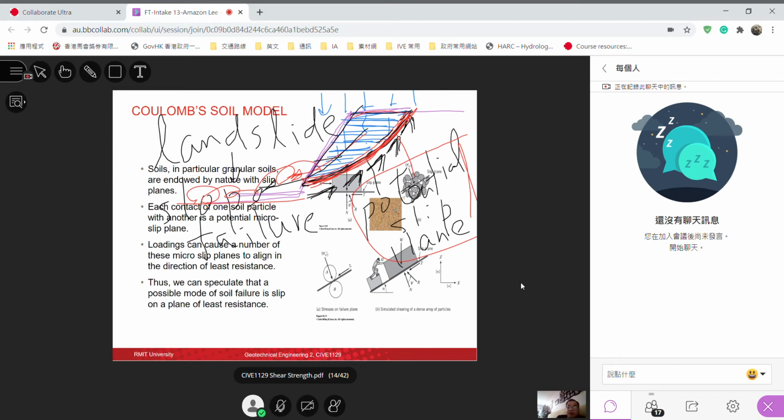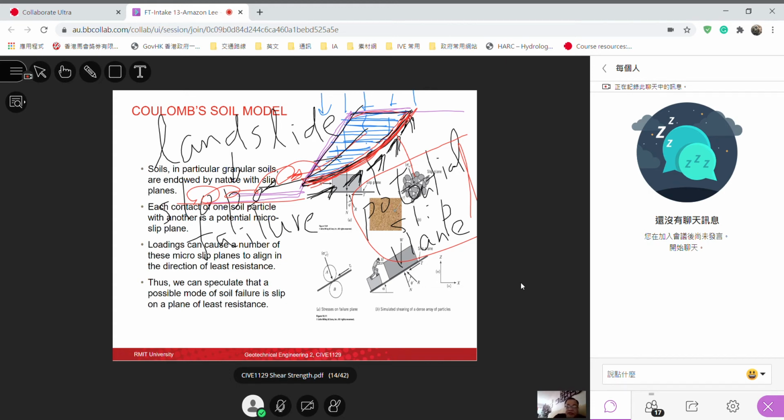So landslide is an example showing that along this potential failure plane, the mobilized shear force generated along a moving soil mass is larger than the available shear strength. The soil along this potential failure plane is no longer able to support it, then the entire mass of soil falls down, and we have a landslide. So that is an example of it.